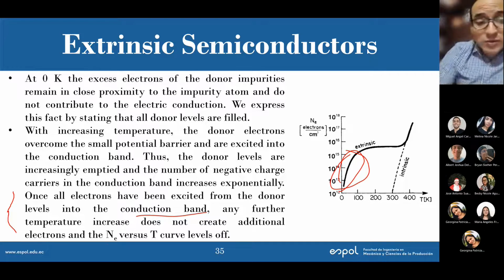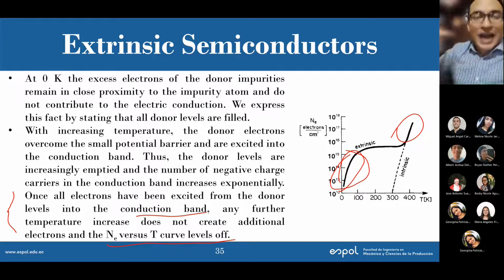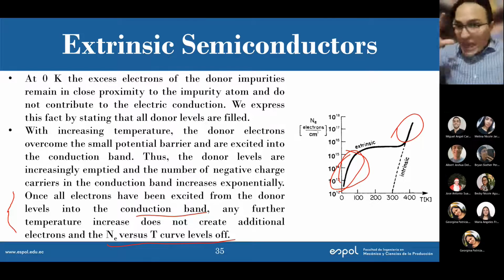If I further increase the temperature, you see the curve practically levels off until I actually get the intrinsic effect. That is, I get high enough energy that I can make even electrons that are closely bound to their atoms jump into the conduction band, because I'm giving them such a high temperature, meaning room temperature.